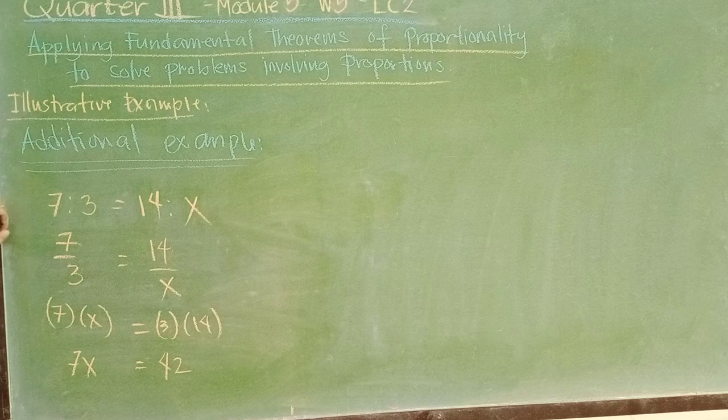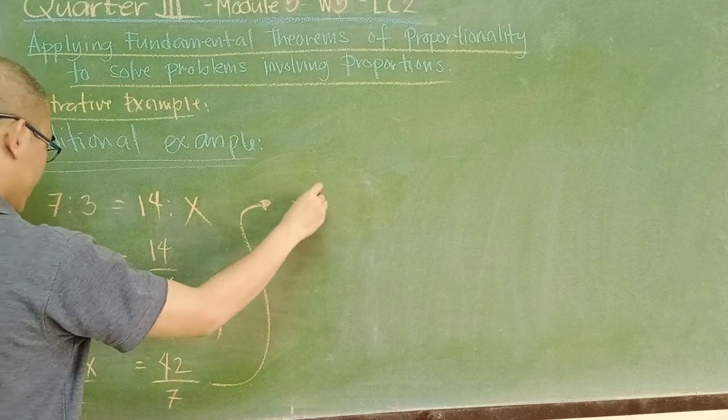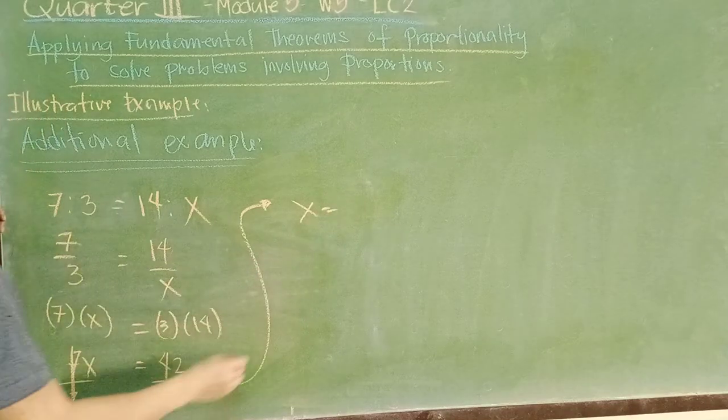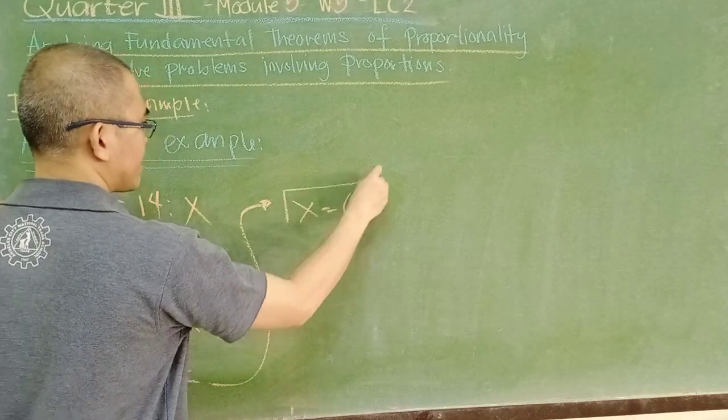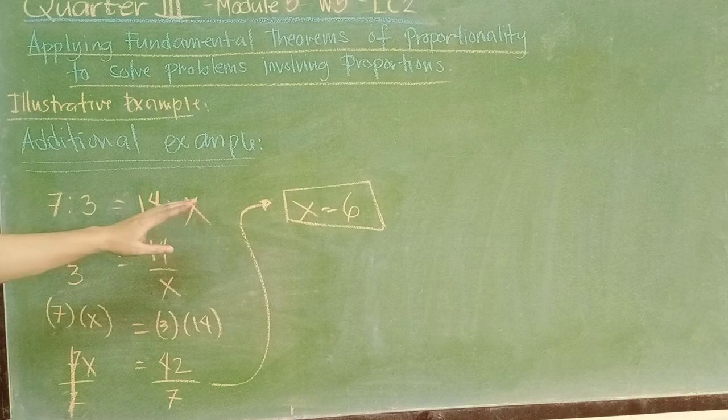Right? 42. And then we divide both sides by the number with the x, which is 7. So 7, 7, cancel. X is equal to 42 divided by 7, which is 6. So this time, here is our x. The procedure is repeated: you cross-multiply whenever there is one unknown.